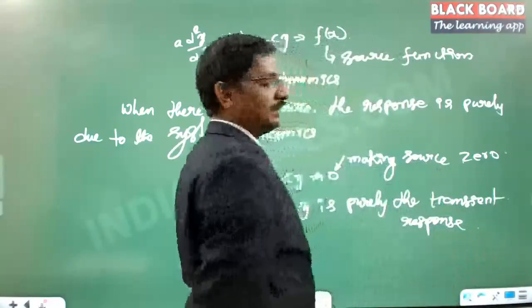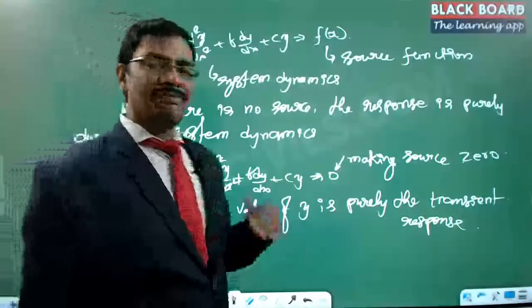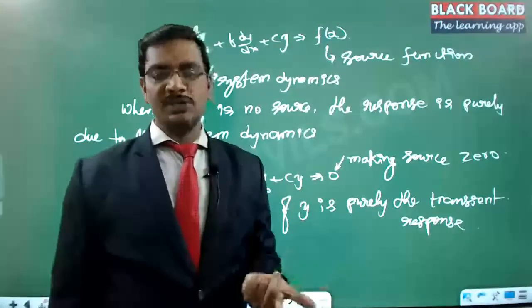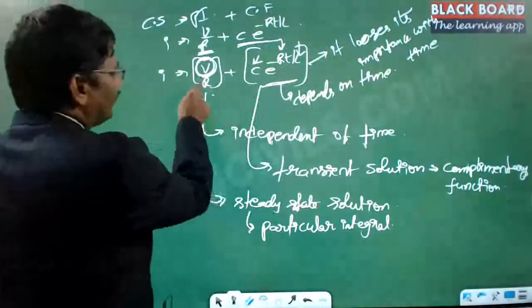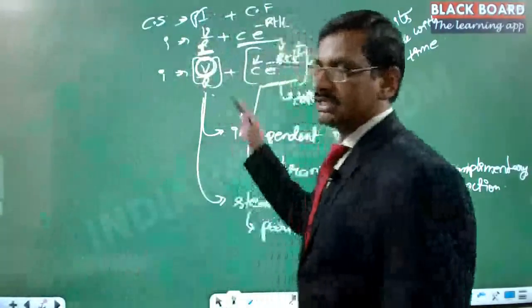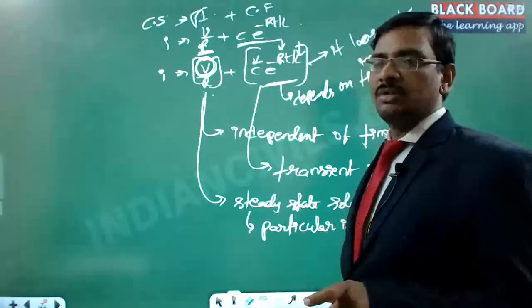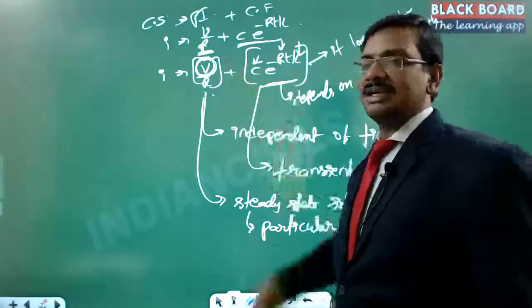Right? But in the case of the particular integral, the final value of current, even the circuit elements also will decide along with the source. If you notice, in our analogy, finally, V by R is the value which will decide the final current. V is the source function, but R is the circuit element. So along with the circuit element and circuit dynamics, the value of V will decide the final value.